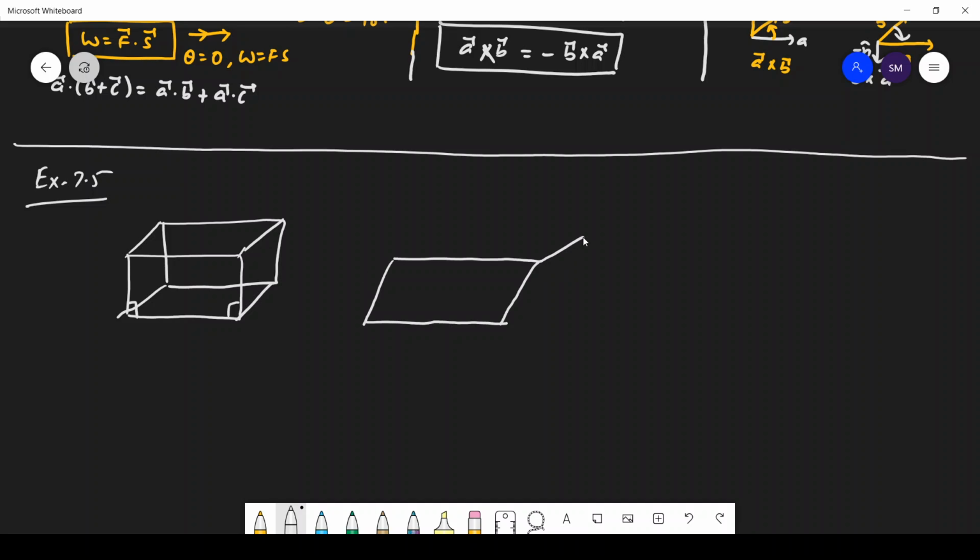That's the only difference. So you can draw it like this, this parallel to this, something like this. If you need a better figure, then let me find you one.